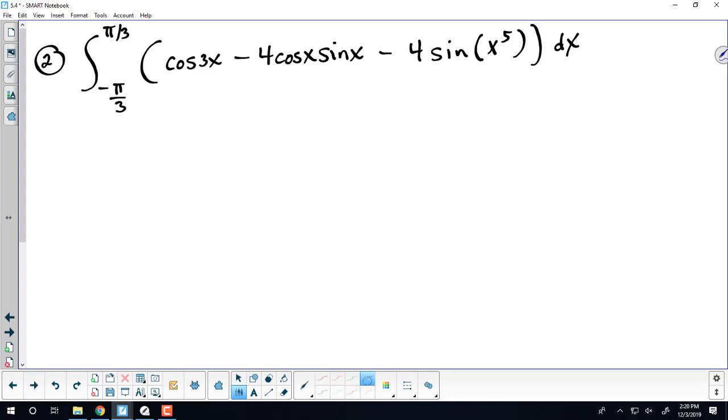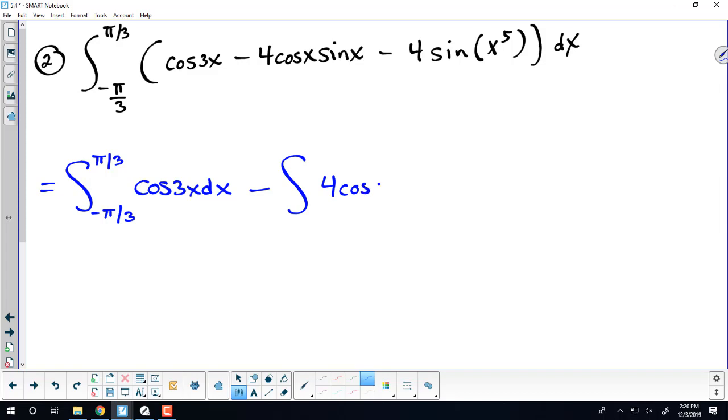So let's just split these up. I mean, we don't necessarily have to, but we can analyze each one of these functions individually. So we've got that one. We've got 4 cosine x sine x, and 4 sine of x to the fifth.